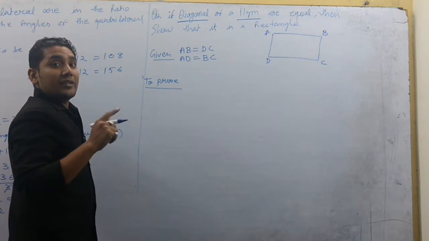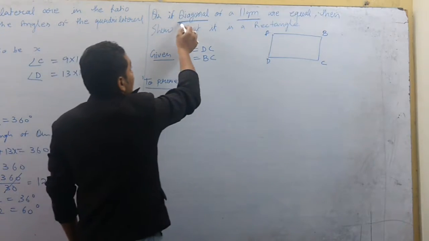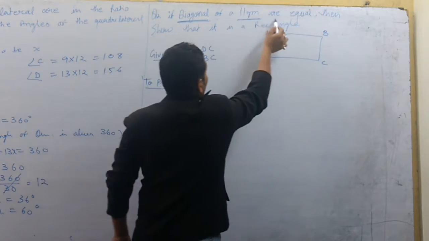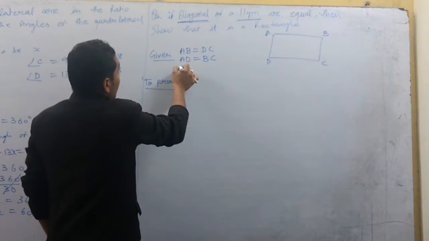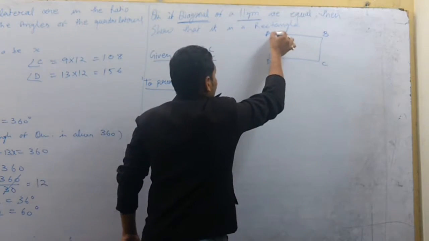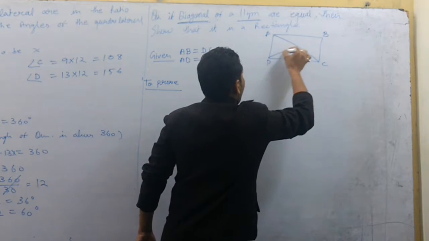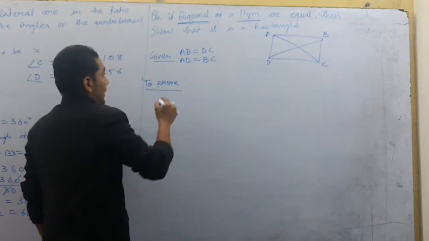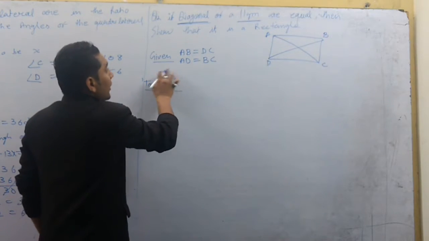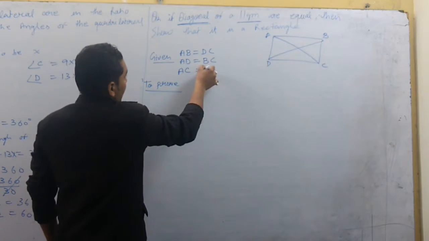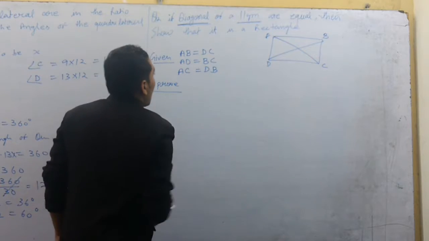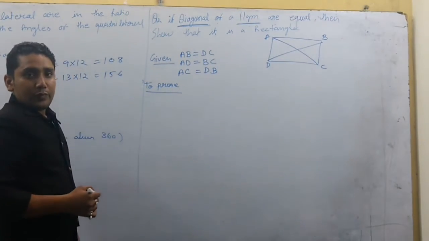But one more thing is given to us: diagonals of the parallelogram are equal. What are the diagonals? AC and DB are the diagonals. So the question said that diagonals of a parallelogram are equal, then AC is equal to DB is also given here.